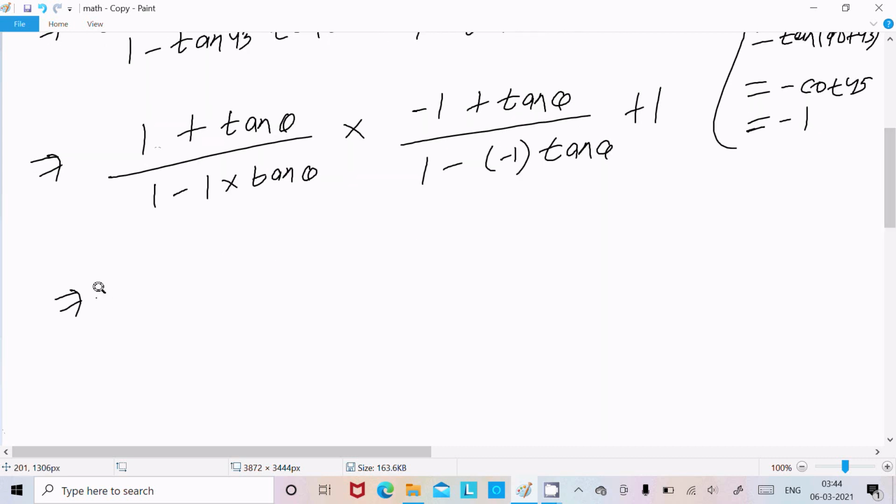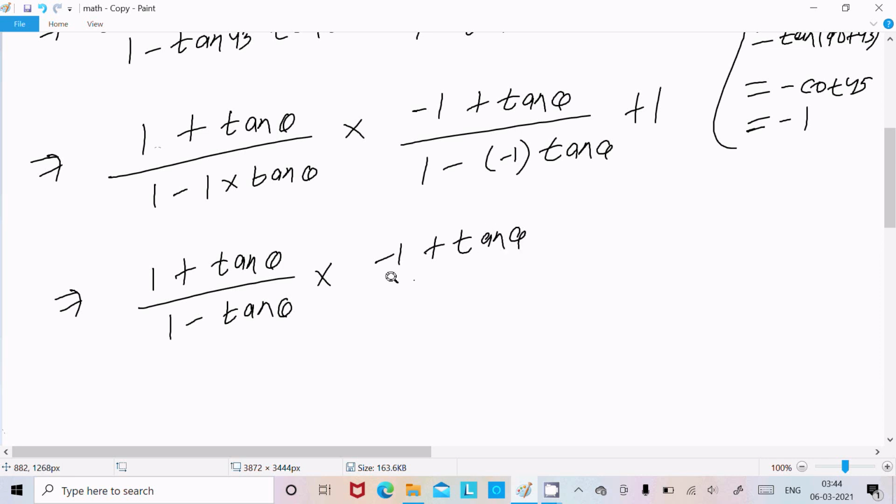Now hereafter we can write 1 plus tan θ, 1 into tan θ becomes tan θ. Now here we can write (minus 1 plus tan θ), and here 1 minus minus becomes plus tan θ, plus 1.